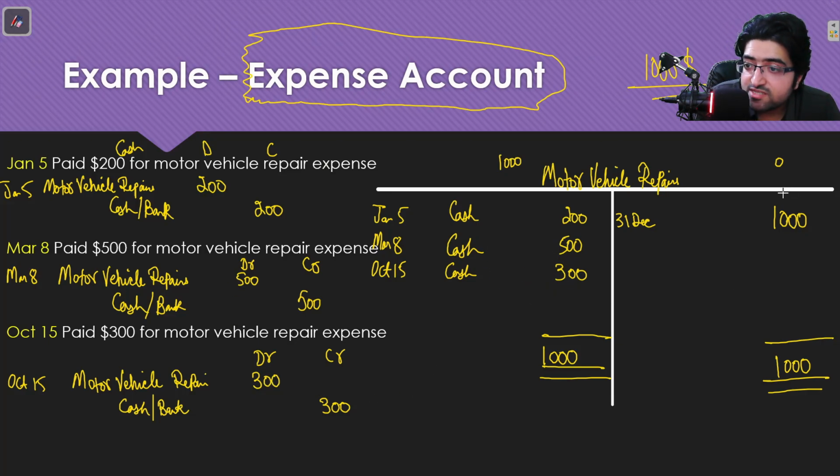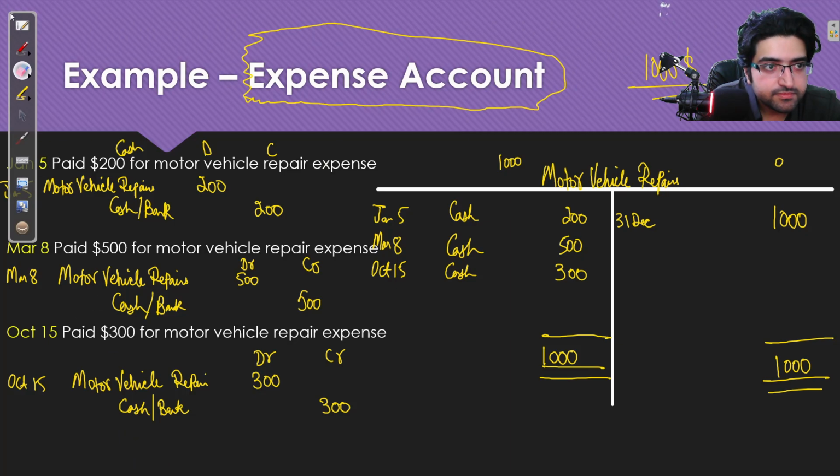So to close this, we have to credit the account by 1000. So expenses at the end of the year, let me show the entry here. Expenses at the end of the year are always credited.